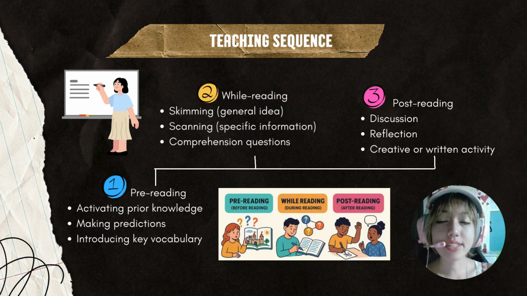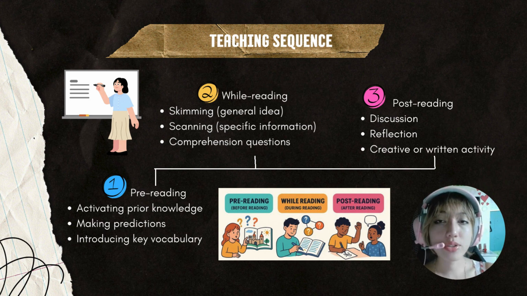Teaching sequence. Reading lessons usually follow three main stages. The first stage is pre-reading. In this stage, the teacher activates students' prior knowledge, introduces key vocabulary, and asks students to make predictions about the text. The second stage is while reading.